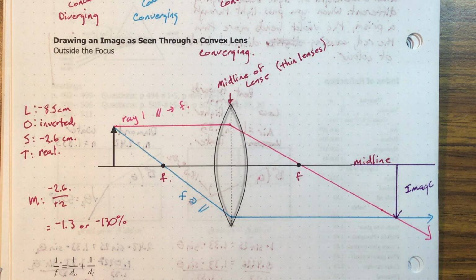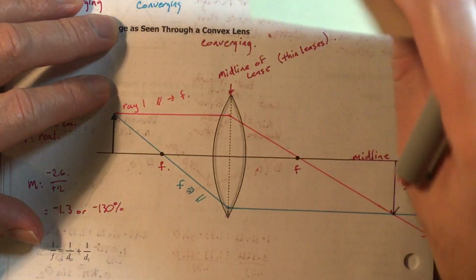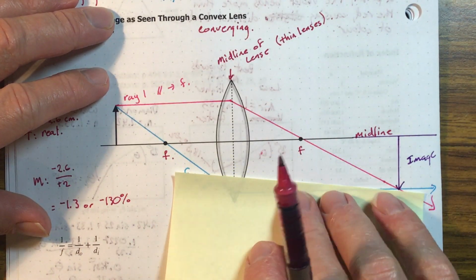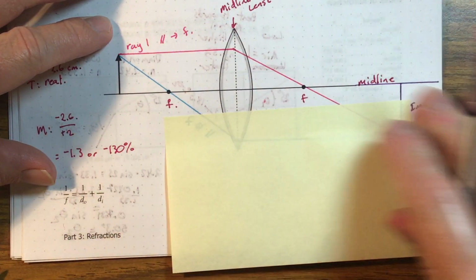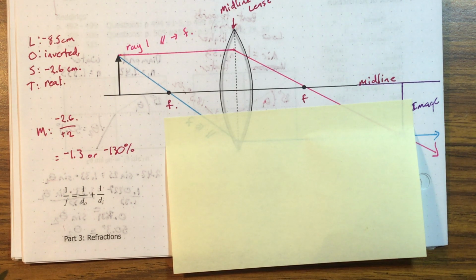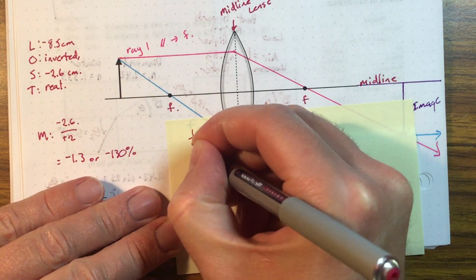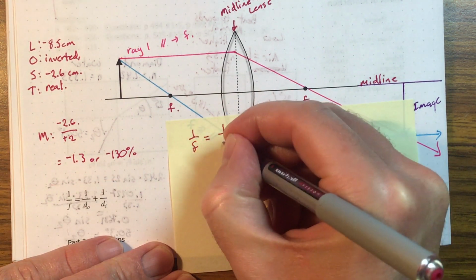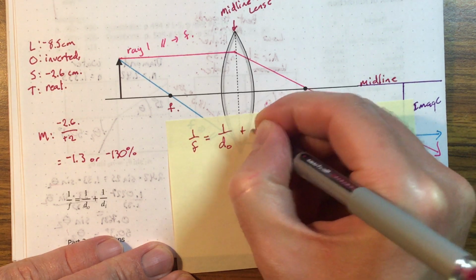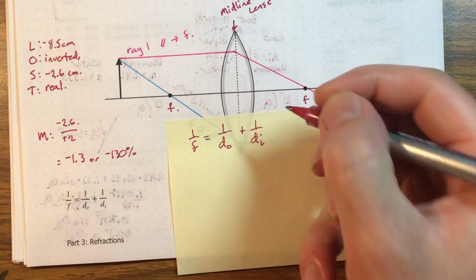Now this little formula here works again for this. So we're going to try out this formula and see what happens. 1 over my focal length is equal to 1 over the distance to my object plus 1 over the distance to my image.